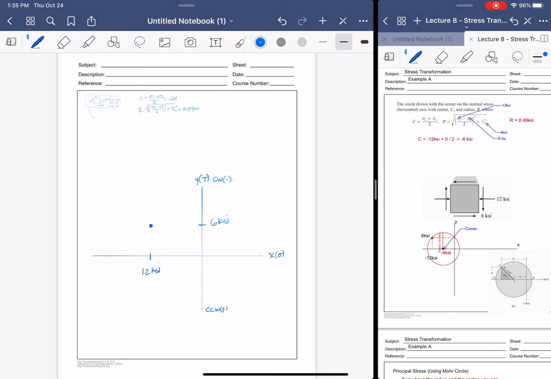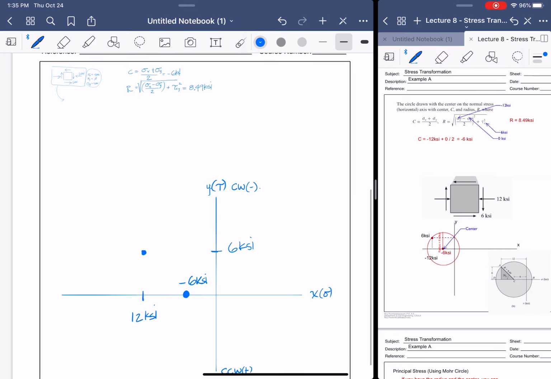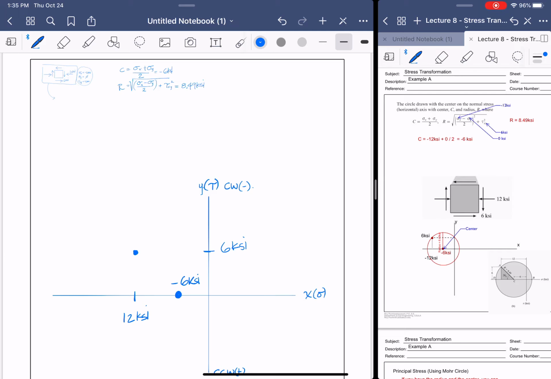So we have our C, which is the center of our circle. Okay, great. We said that the center of our circle is negative 6 KSI. And our radius is 8.49 KSI, or 8.5, right?